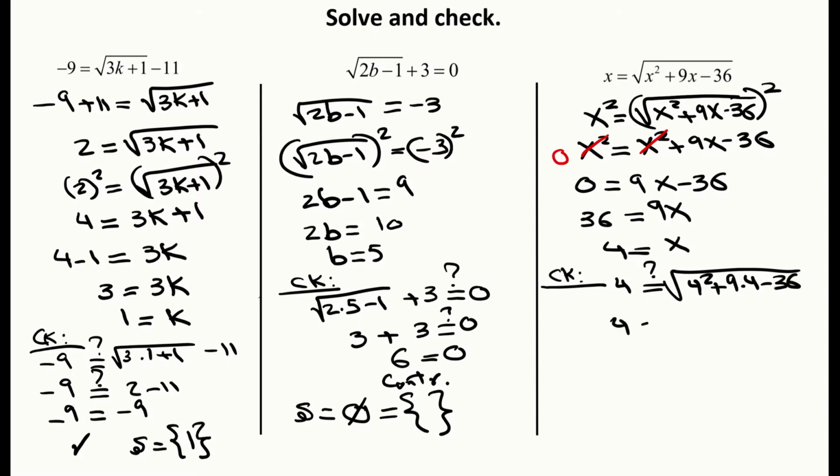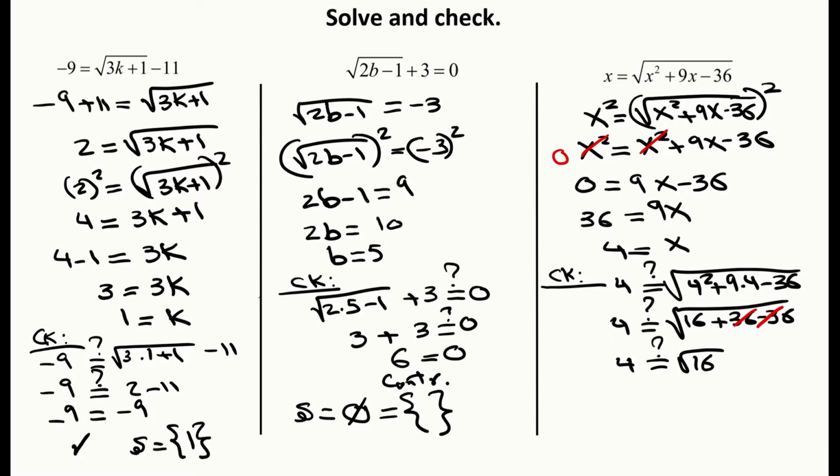So we want to know if 4 is equal to the square root of 16 plus 36 minus 36. These two, of course, cancel out, and we end up with 4, and we're trying to see if that's equal to the square root of 16.